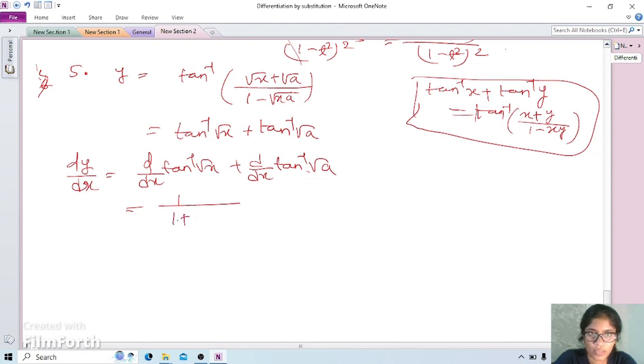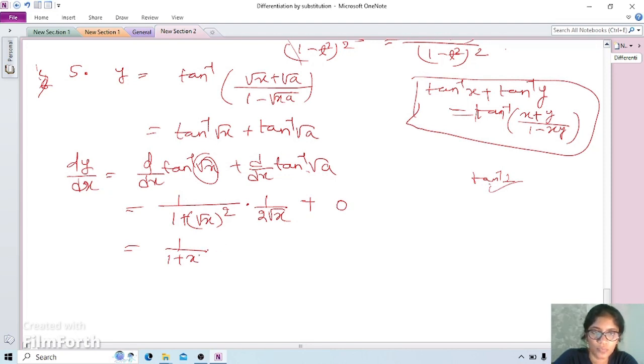Here I told you that in place of 1 plus x square, put x equal to tan theta, and in place of a square plus x square, put x equal to a tan theta. Here it is a square plus x square, so putting it in sec inverse, put x is equal to a tan theta.